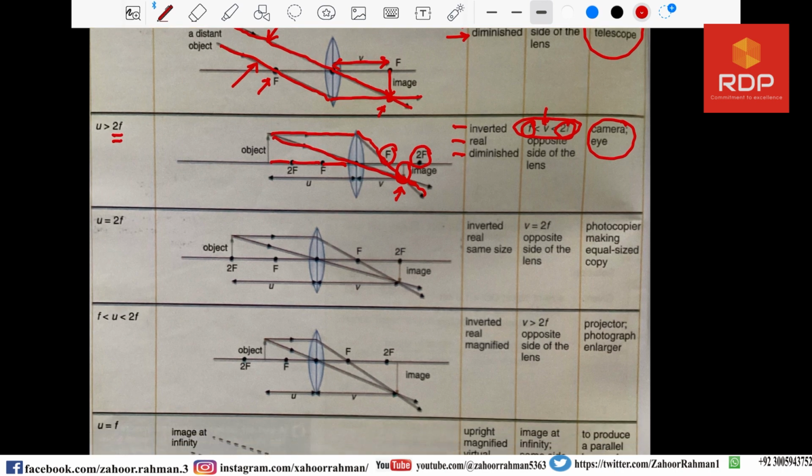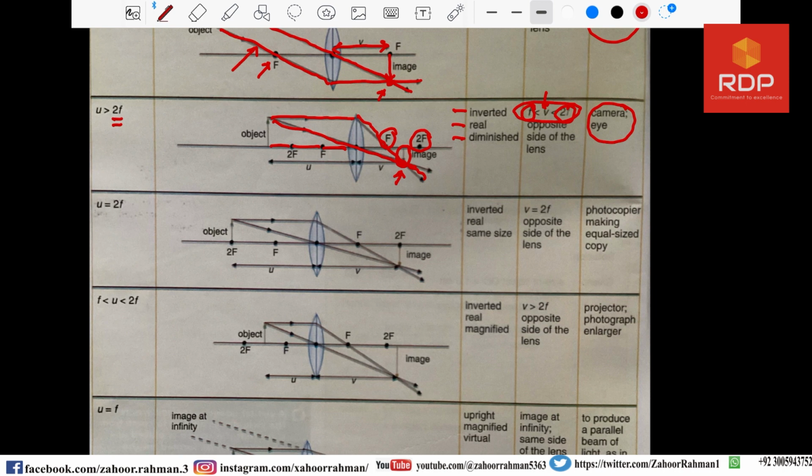Now the third scenario is that if we exactly place the object at 2f. In the previous case it was greater than double of the focus point, but here it is exactly at 2f. Then what will happen? Let us observe that as well.